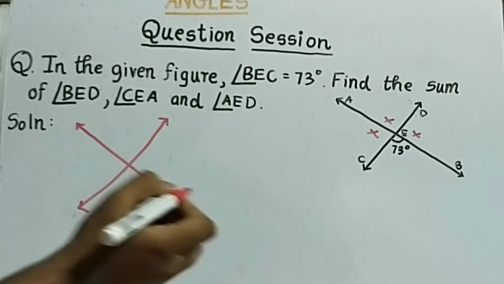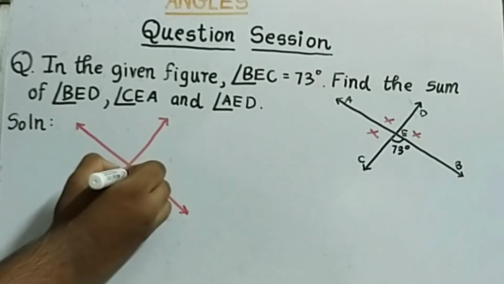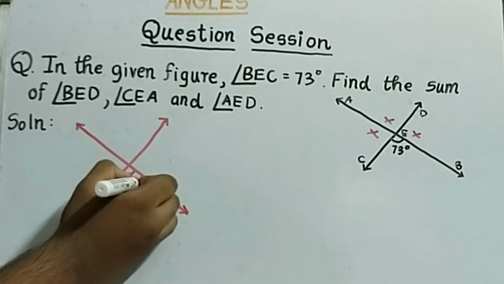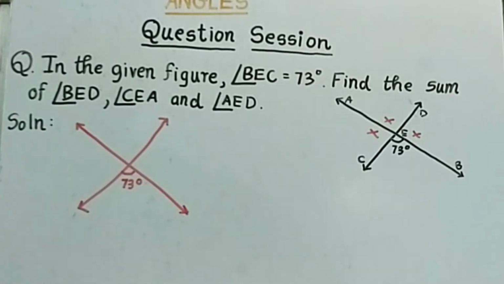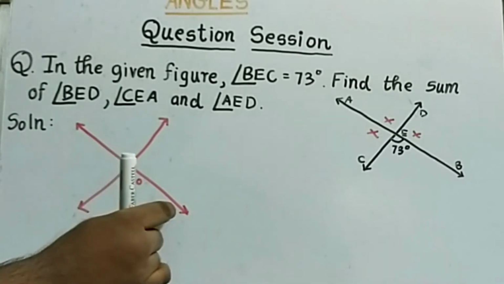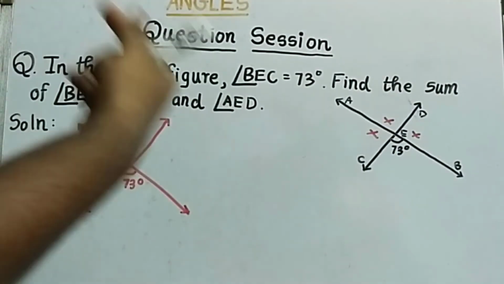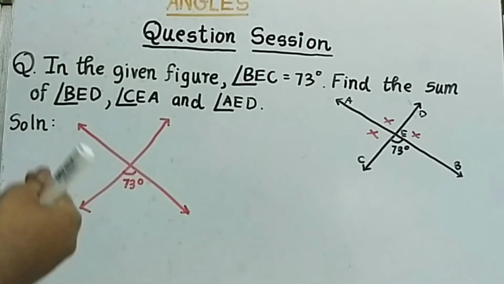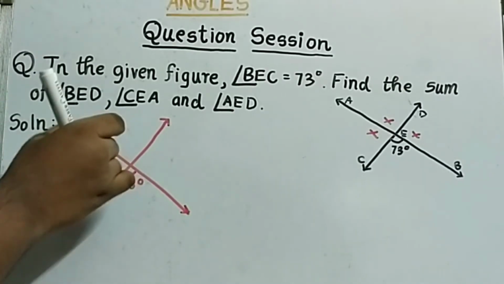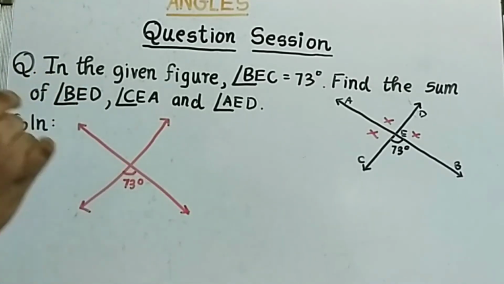After drawing the figure, we can see that the angle is 73 degrees and there are two lines intersecting. As we have learned in our lecture, when two lines intersect, vertically opposite angles are formed. Here 73 degrees is angle BEC, and the vertically opposite angle doesn't have common arms, and has a common vertex.